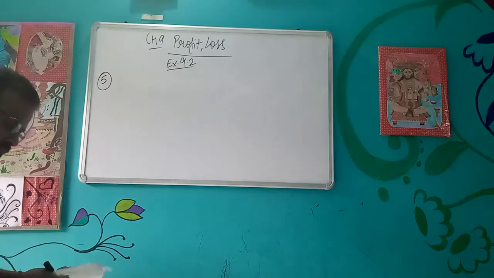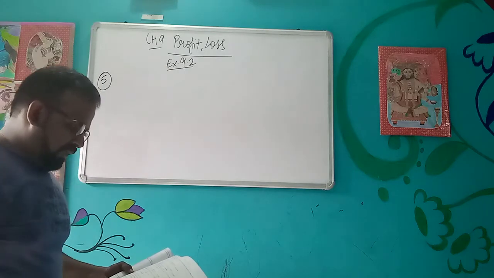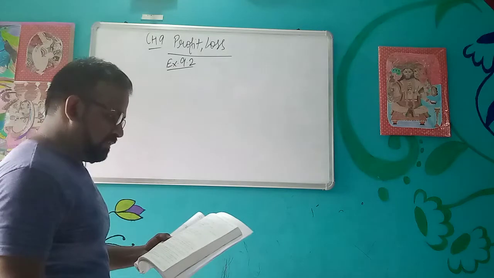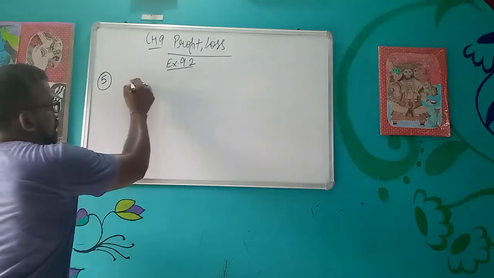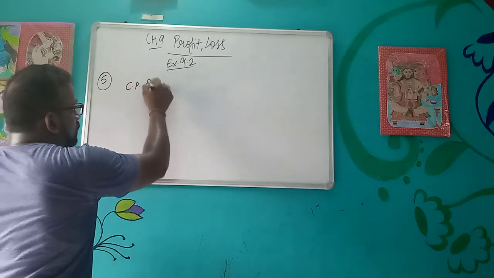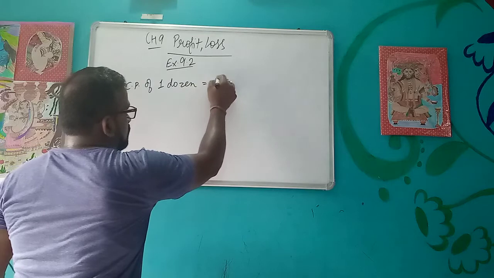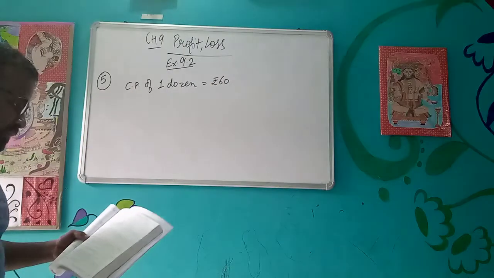Okay, let's see one more type. In question number 5, what is given? A retailer bought 300 packets of chocolate at rupees 60 per dozen. So CP of 1 dozen is rupees 60. And he bought 300 packets.